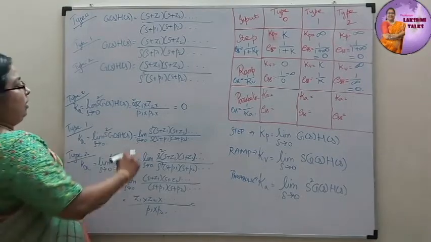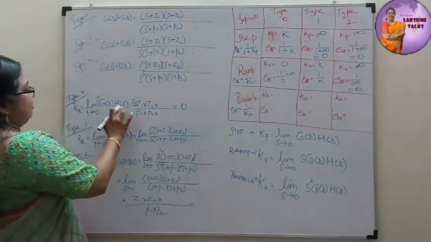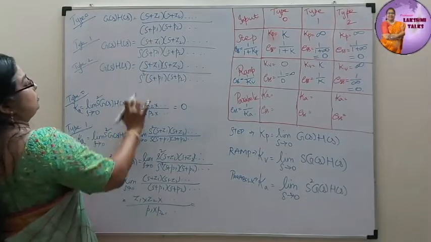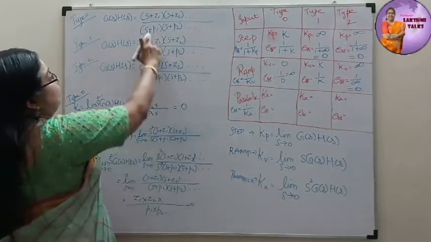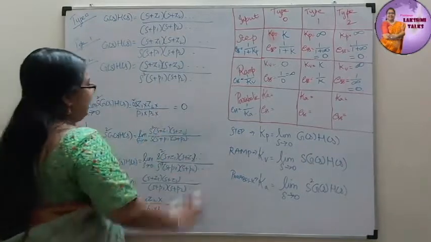Now here if you see s square G(s)H(s), type 0 means this one. So s square, 0 square into Z1 into Z2 divided by P1 into P2. So what you will get? 0.